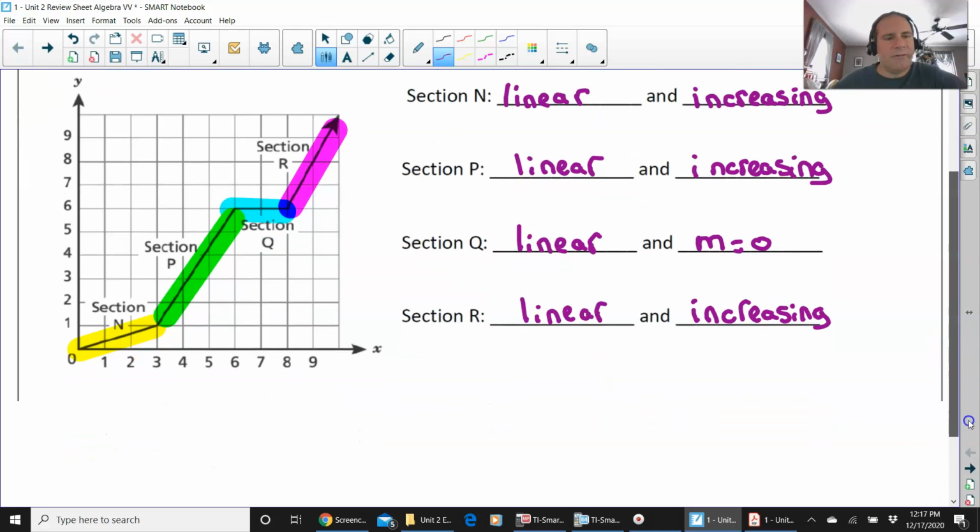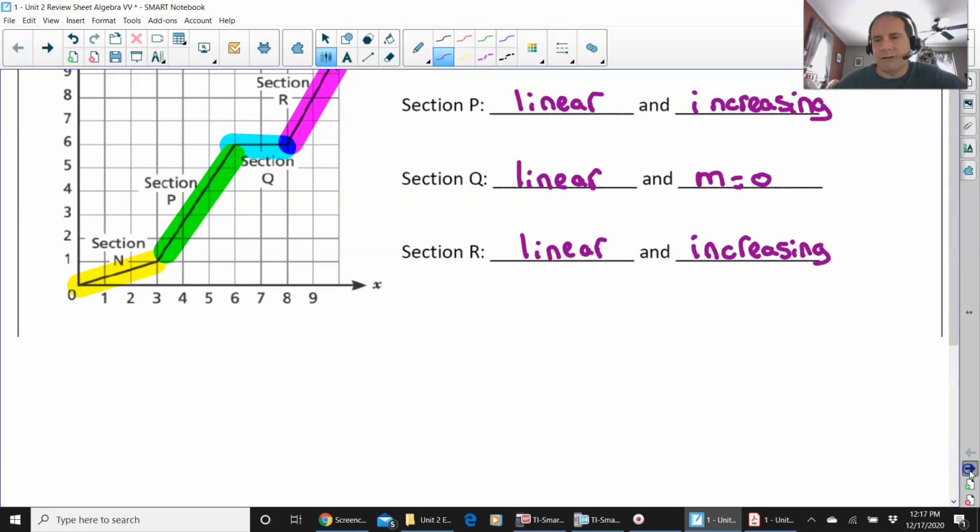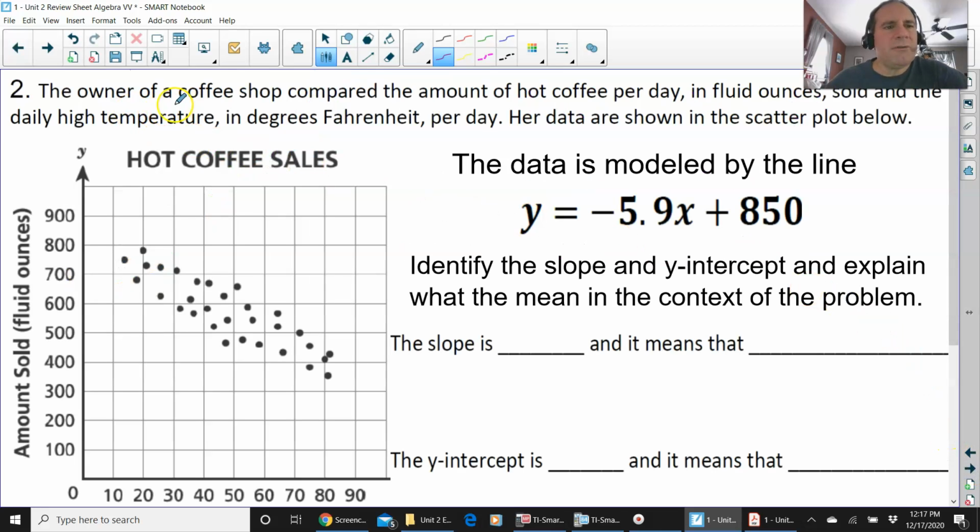All right, so number 2. The owner of a coffee shop compared the amount of hot coffee per day in fluid ounces sold and the daily high temperature in degrees Fahrenheit per day. Her data is shown in the scatter plot below. The data is modeled by this equation: y equals -5.9x plus 850.